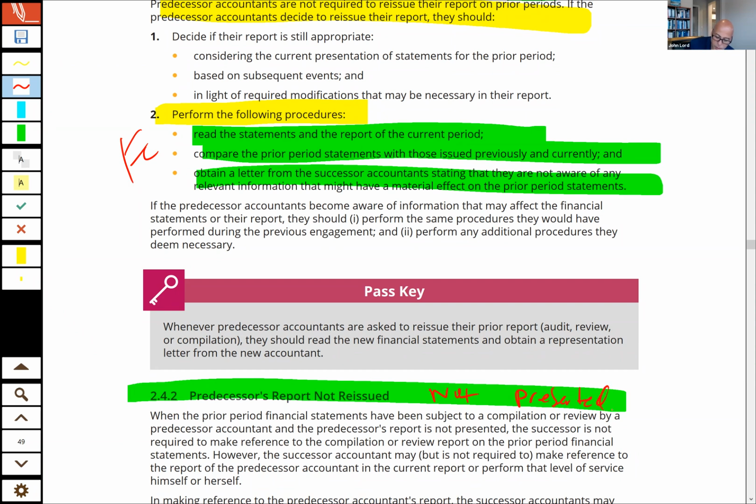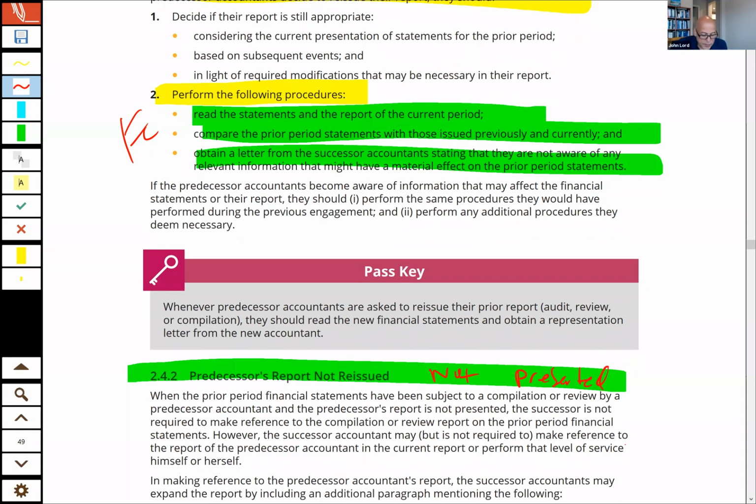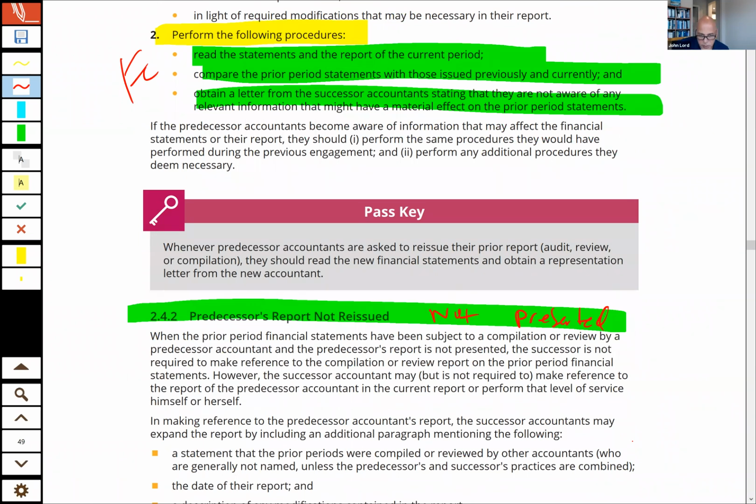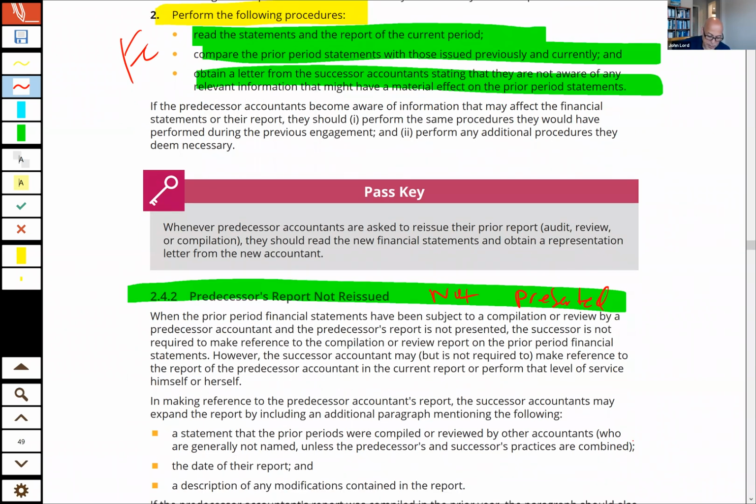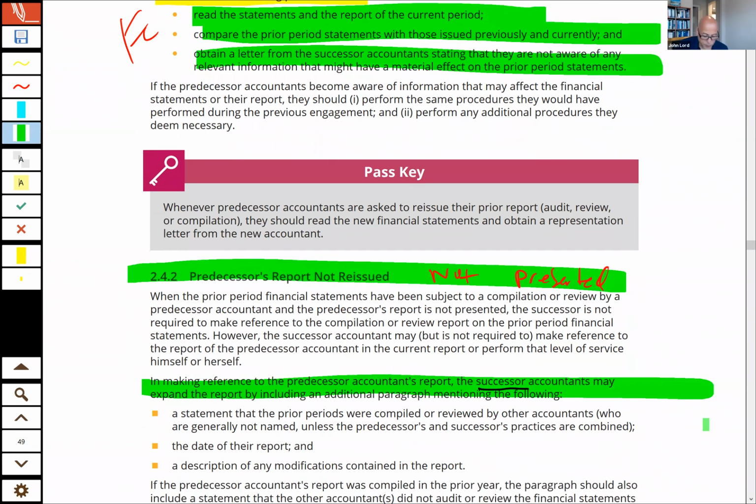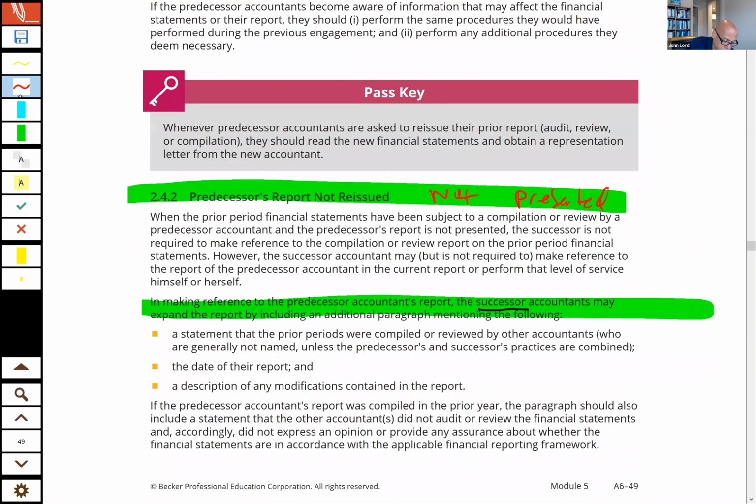Okay, and remember, just like we said for an audit, if the predecessor's report is not presented, then the onus falls on the successor to essentially summarize the predecessor's report. So that's what we're going to do here. And you can flashcard the elements of what the successor will put in their report.